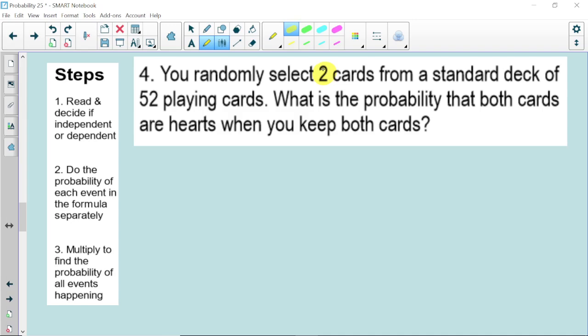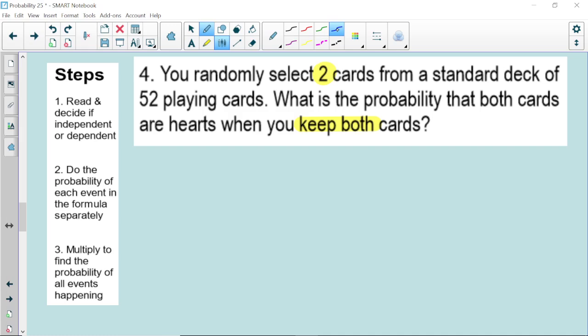What's the probability that both cards are hearts when you keep both cards this time? So this time we're keeping the cards. You can probably anticipate how it's going to change. The situation's different than on the opposite side. We picked a card, we put it back. This time, we pick a card and we keep it.